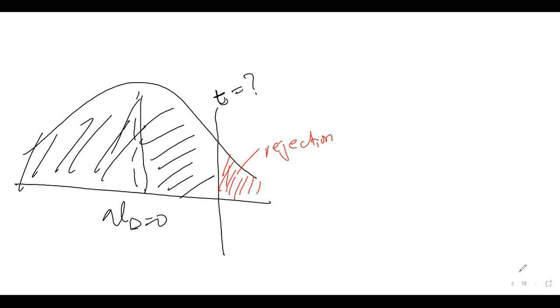When it comes to paired samples, for the critical T we will need the confidence level, and then we will need the degree of freedom.